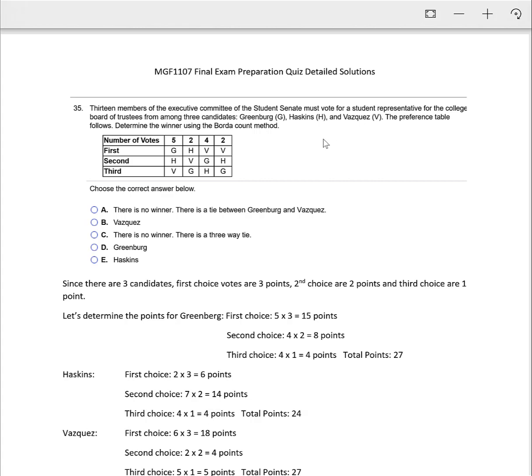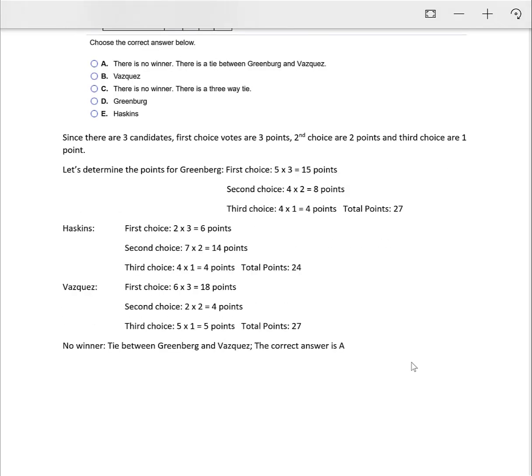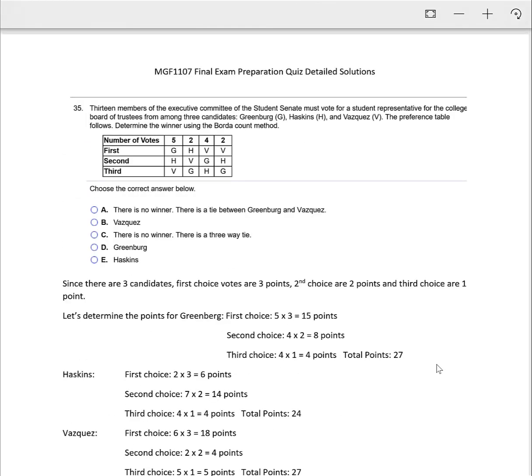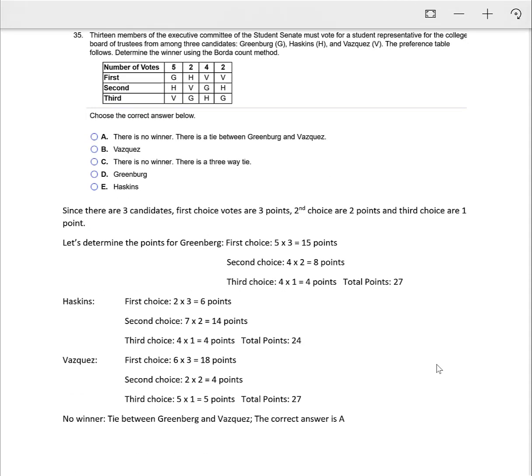So for Greenberg, if my calculations are right, she had 5 first place votes, gives 15 points. For second place is 8. For third choice, and that gives 27 points. By a similar process, Haskins has 24 points, and Vasquez has 27 points. So there's actually no winner. There's a tie between Vasquez and Greenberg, rather. So the correct answer is A.